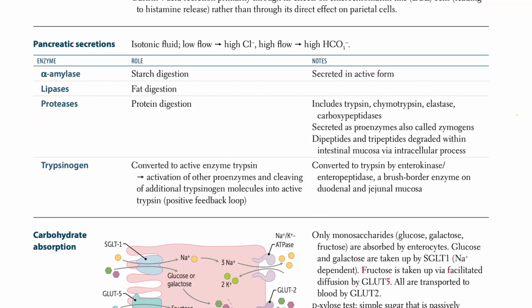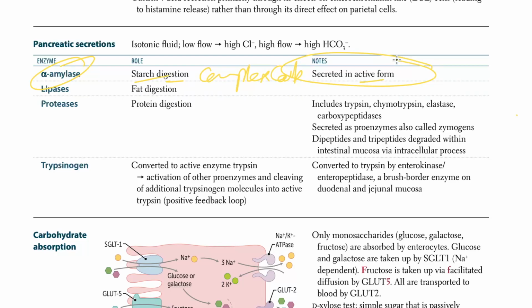Okay. Alpha amylase, starch digestion. This is like a complex carb. It is secreted in active form. So this is secreted already in active form. It doesn't need to be a pro-type and then go into active. No, it's just the active form that comes down.